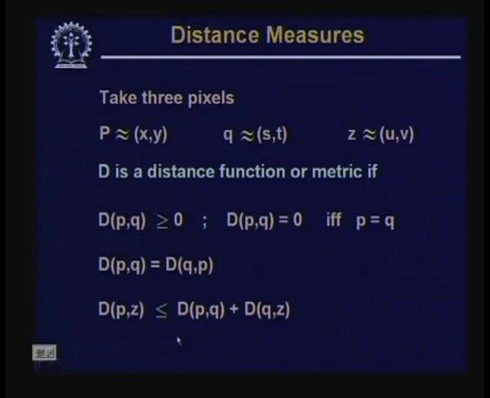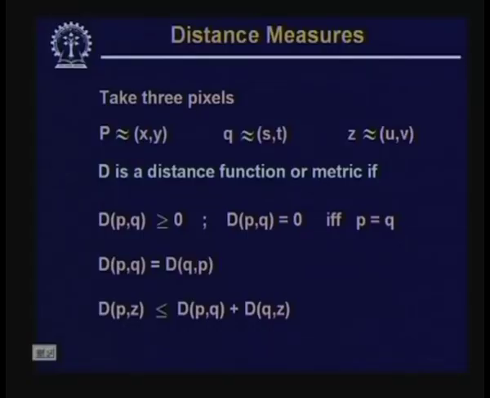So, to see that if D is a distance function or a distance metric, what is the property that should be followed by this distance function D? For this, let us take 3 points: P having a coordinate x y, Q having a coordinate s t, and another point Z having the coordinate u v.